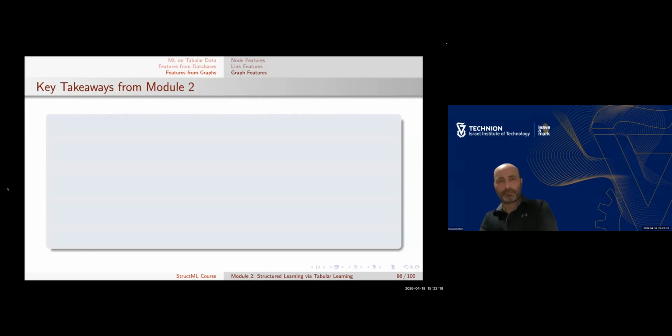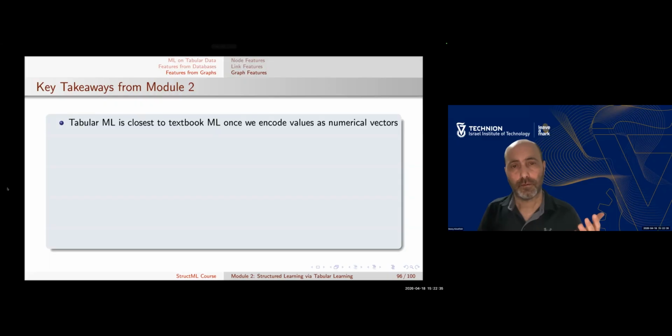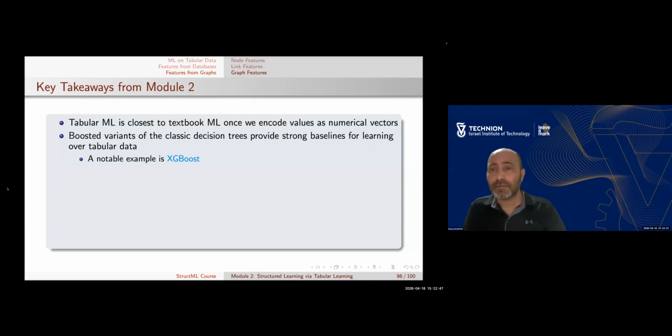That was module 2, where we talked about tabular data, how we do machine learning on that, features from relational databases and features from graphs. Some takeaways. We looked at tabular data, and their machine learning is closest to classic machine learning once we encode values as numerical vectors.